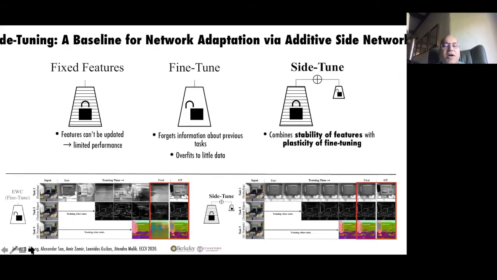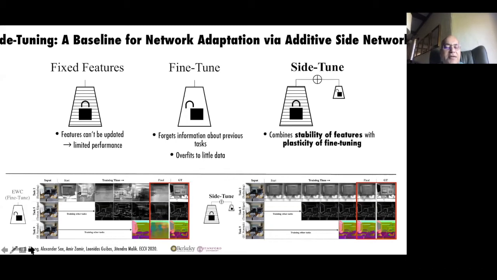I'll note this one additional feature, which is that you might think that if you completely fine-tune for a new task, you will get better performance. And that is true. Within the limit of infinitely many examples, using fixed features loses out. But we have a little trick for this, which is side tuning.